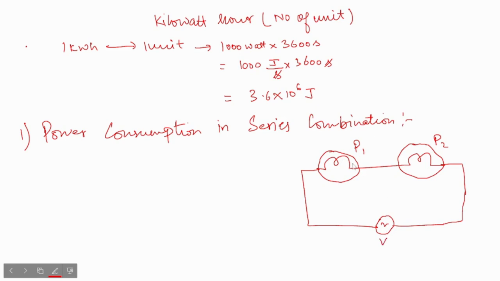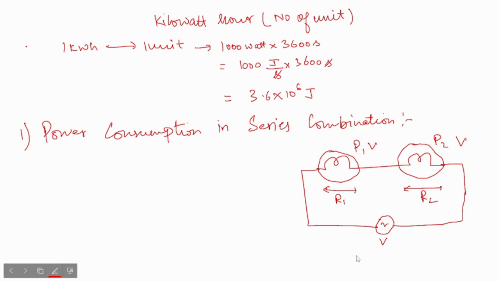Suppose this is P1, this is V. Let's say the resistance of bulb 1 is R1, and the resistance of bulb 2 is R2.